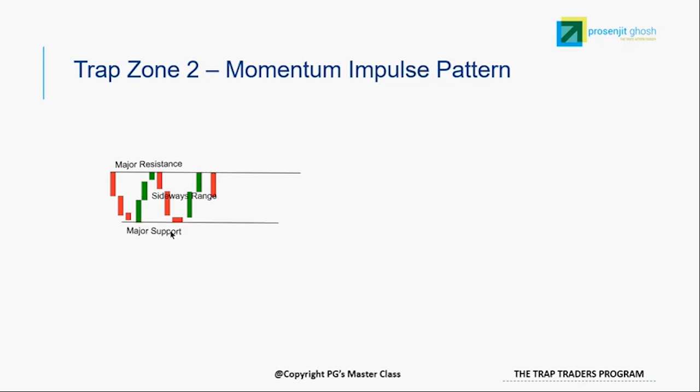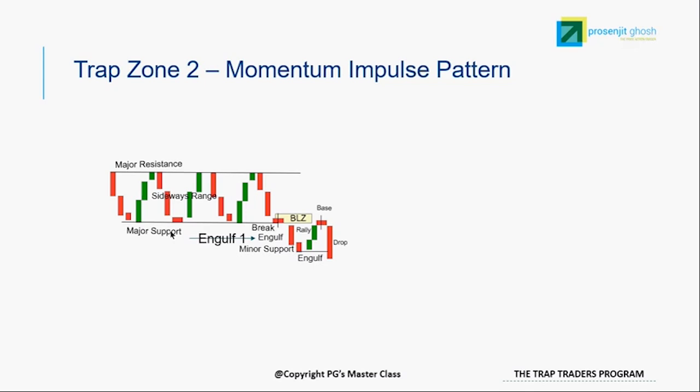So anyway, major resistance and major support, sideways range. Price is moving sideways, the same thing happens, engulf of a support happens, then price rallies up, creates a base, a drop, and another minor support gets engulfed.